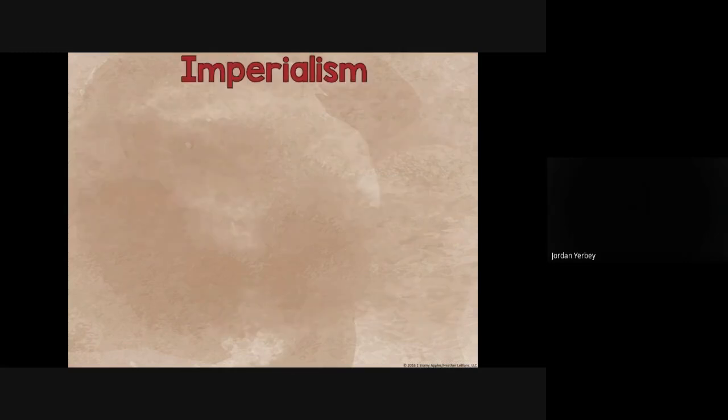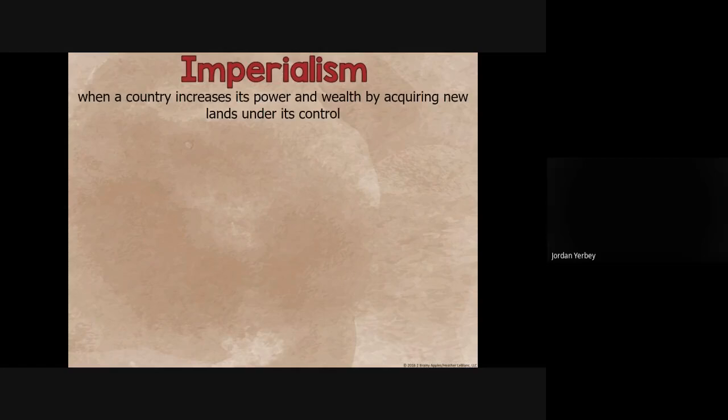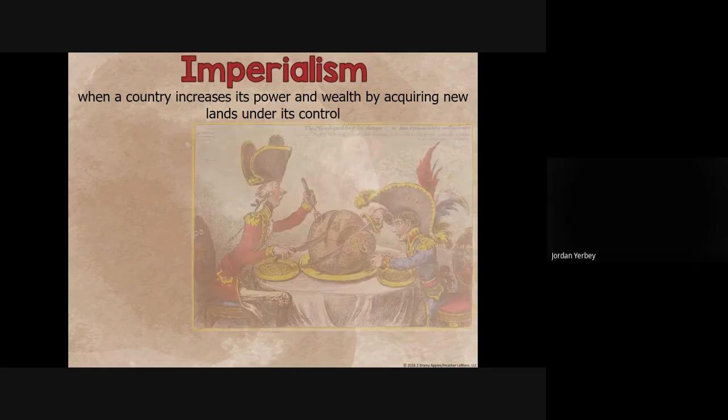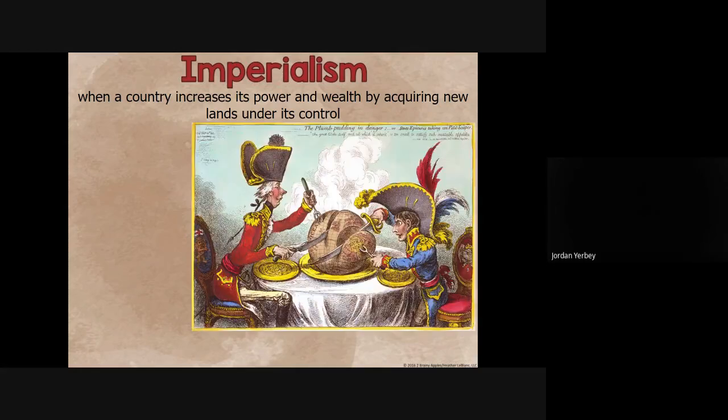Imperialism was something we've talked about a good bit. It's when a country increases its power and wealth by acquiring new lands under its control, usually by taking it without agreement from the other side. You can see here these imperial powers, France and Great Britain, carving up the world for themselves, to kind of devour.